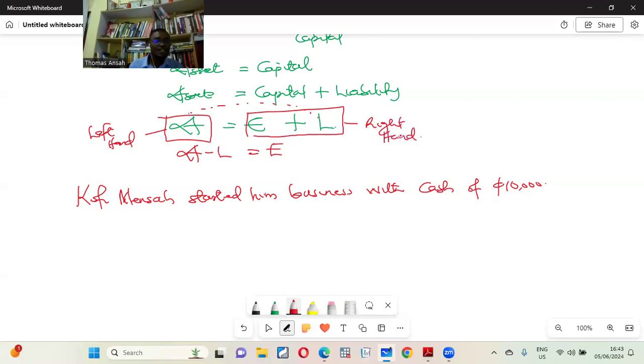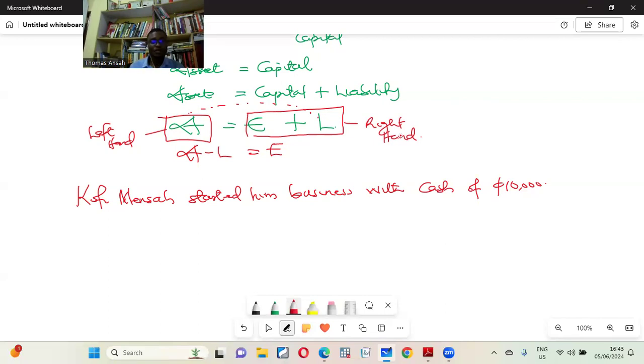So in every transaction, there has to be something in the left side and there has to be something in the right side to every transaction. So that is that. That is what you see there. There has to be, and that is what we call double entry. One here, one there. And we will be going deeper into that in our next video.